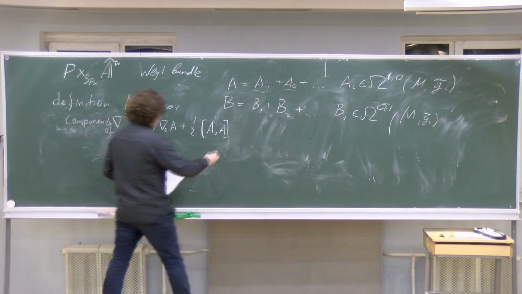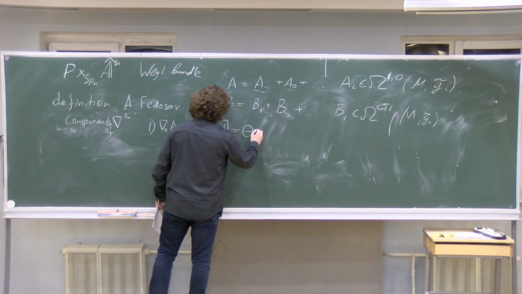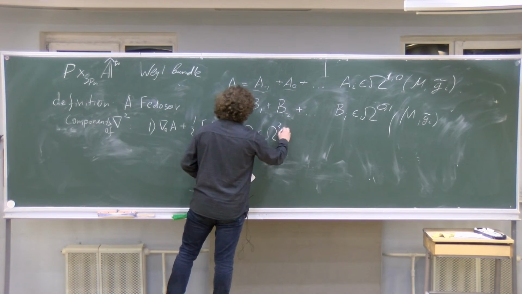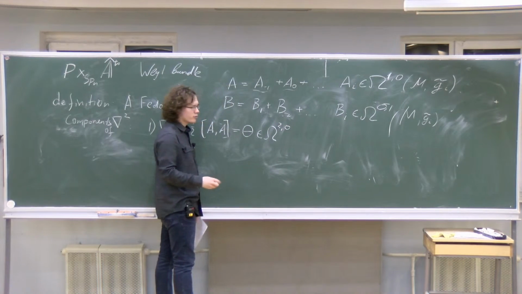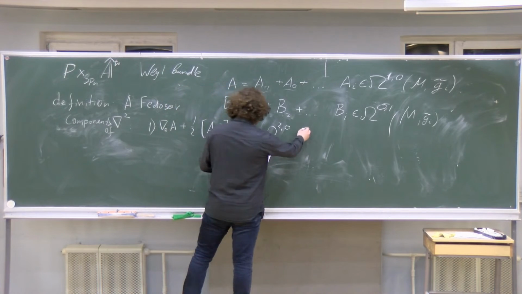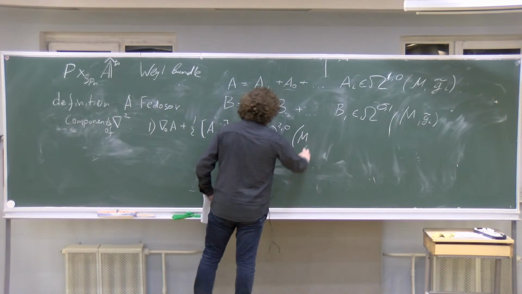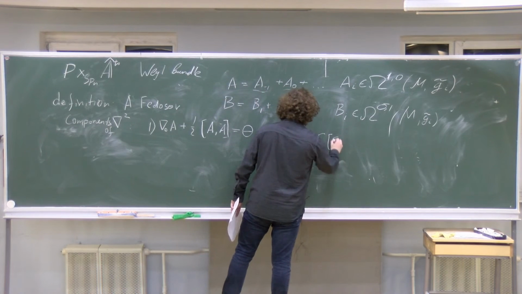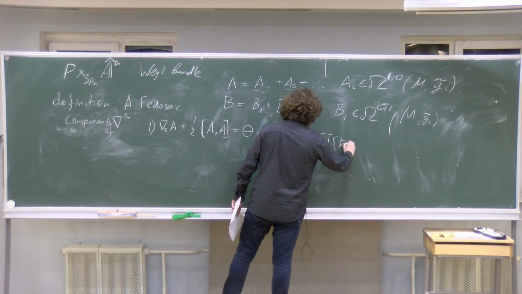And this part is denoted by theta, and it lies in 2-0 differential forms with coefficients in formal power series in h bar.